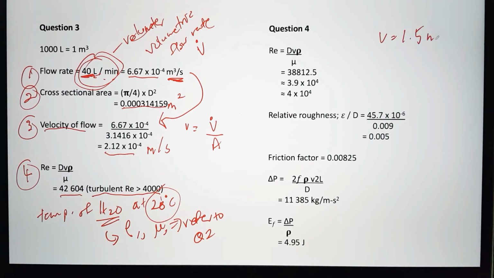The length of the tubing is 1.2 meter. It is important for you to list out the values that have been given to you from the problem statement. And then the inner diameter, which I denote as DI, is 9 millimeter.